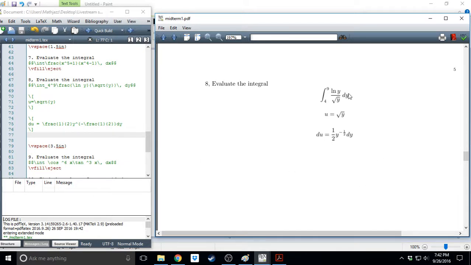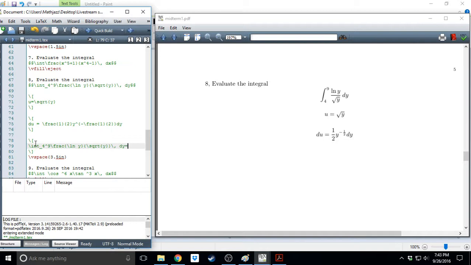And so the 1 over square root of y dy is this part. We have to get a half in there, so let's make our integral equal to du.